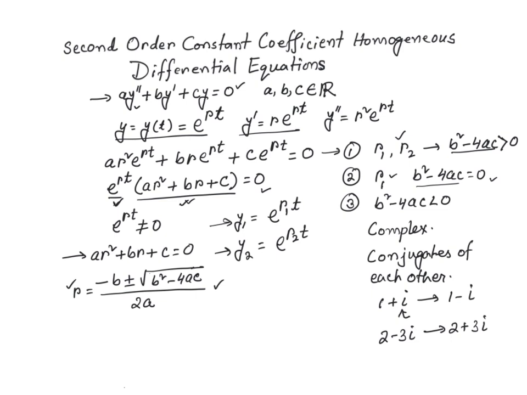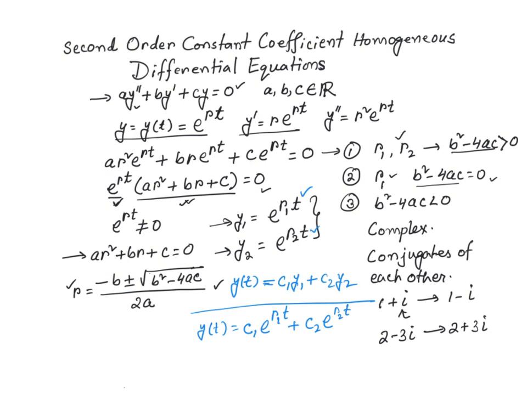However, any linear combination of these two is also a solution. So y of t is equal to c1 times y1 plus c2 times y2, which I can rewrite as c1 times e to the power r1t plus c2 times e to the power r2t. So this is the general solution.